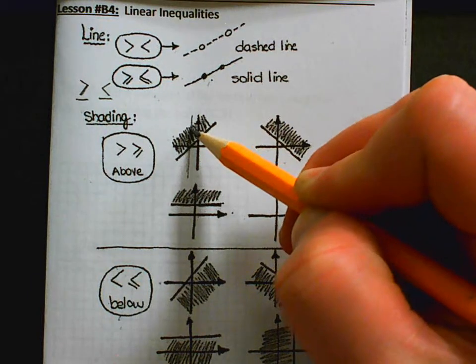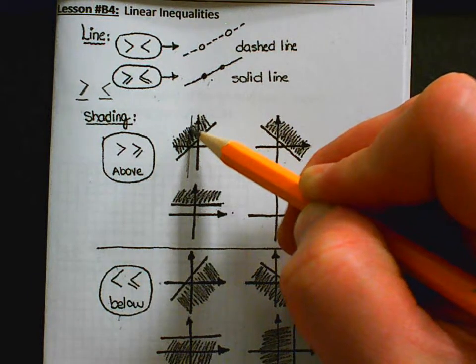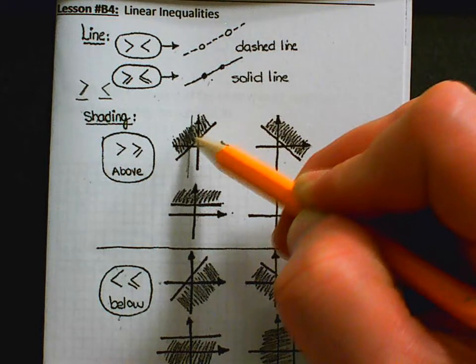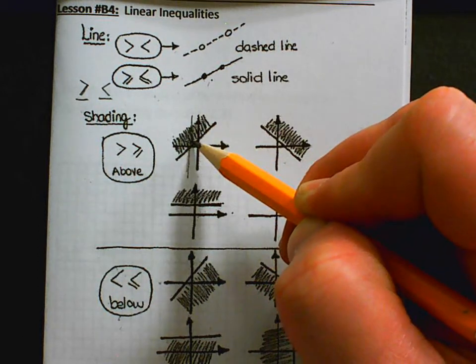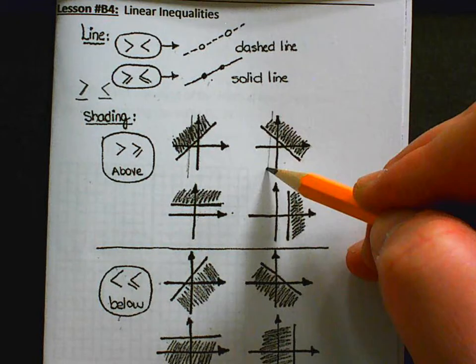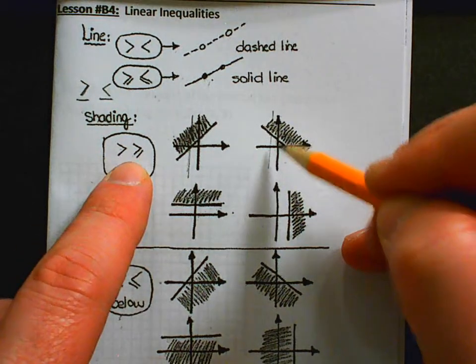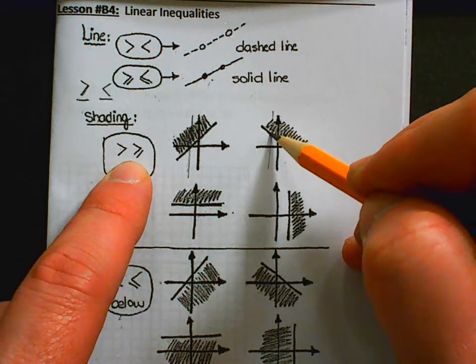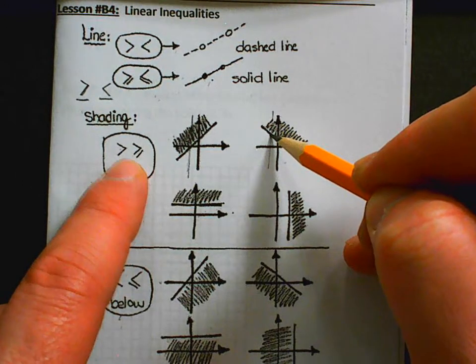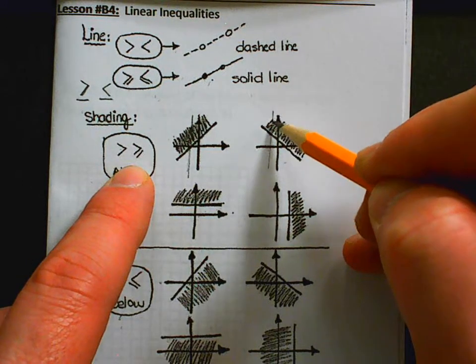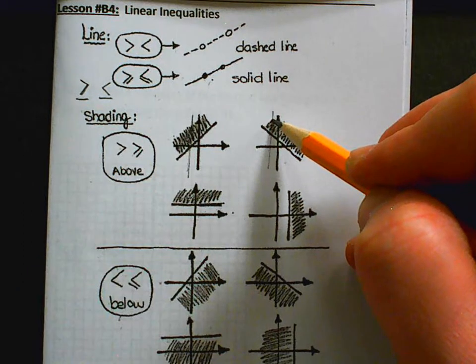Greater than would be over here. Since my pencil lands over here, I can shade this area. So pick a point on the line, and look for a point greater than or above that point. It'll be right here.